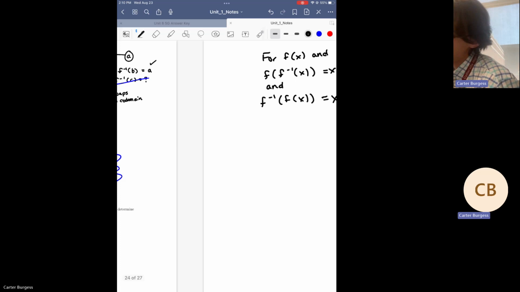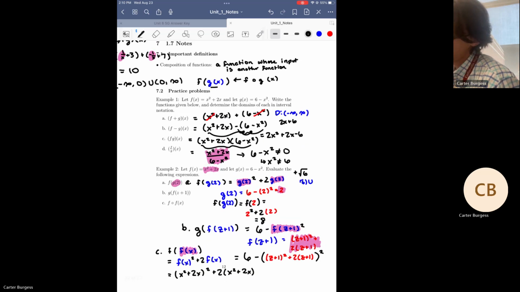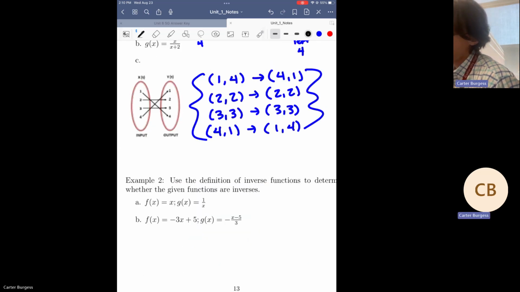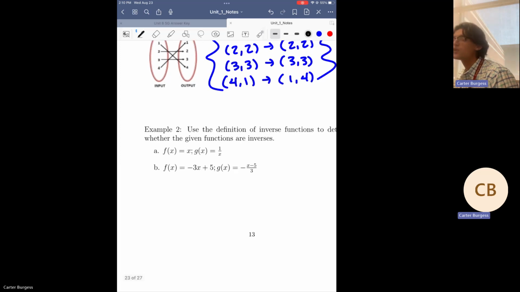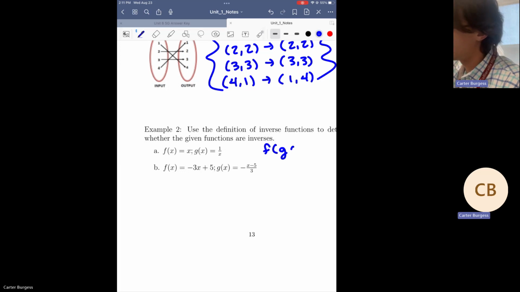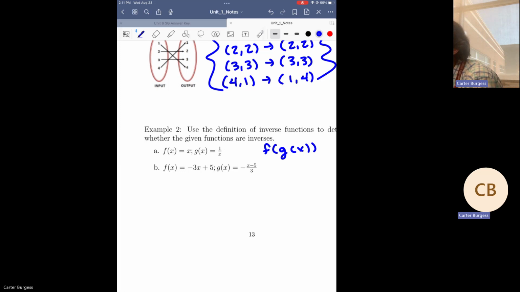Okay, so let's take a stab at example 2 here, from yesterday. Looking at A, we are trying to figure out if x and 1 over x are inverses. Let's try to confirm this with composition. So what are we doing here? Well, we are taking f of g of x, and if they're inverses, what should this be equal to?